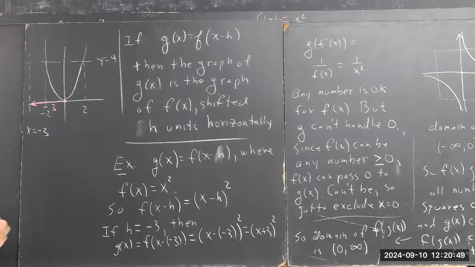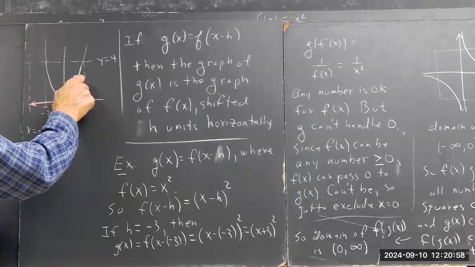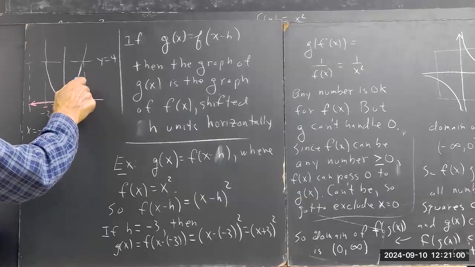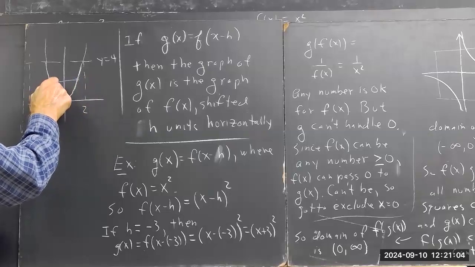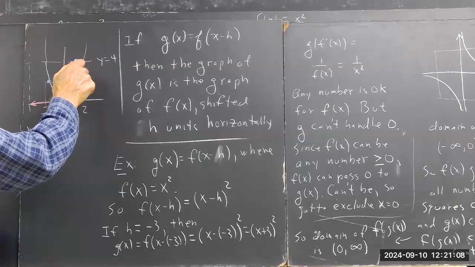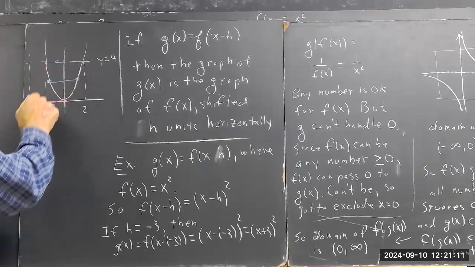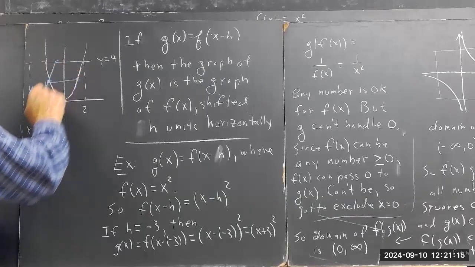Okay, so does every point of the graph. So the new graph is going to take every point and shift it that far. So this point will move -3 units, and that's going to put it about here. And this point will move -3 units, which will put it over about here. And your graph is going to look like this.